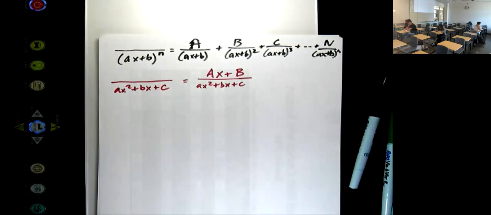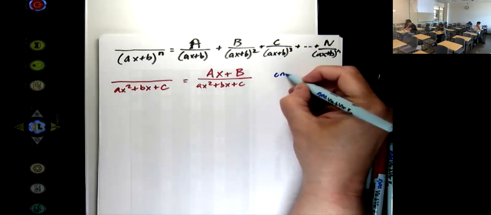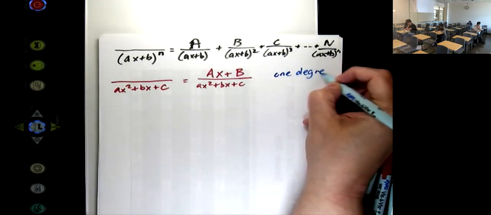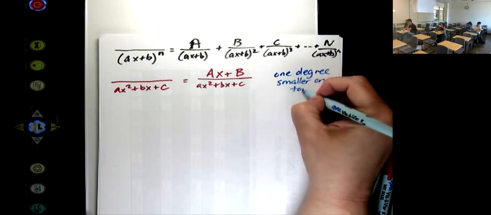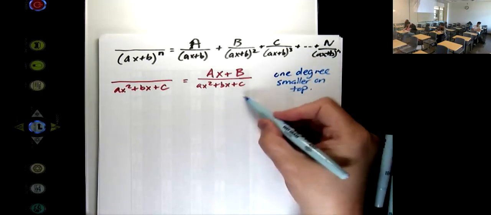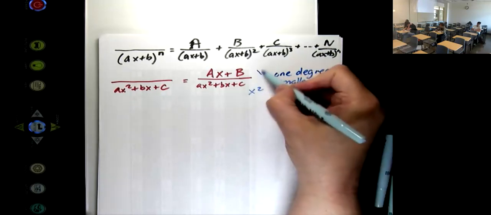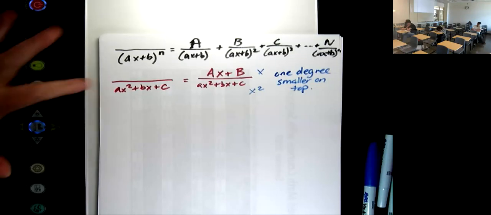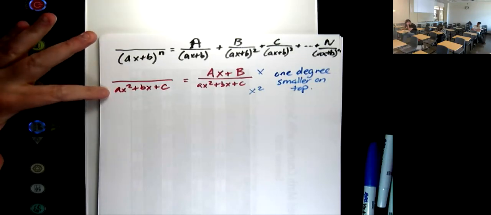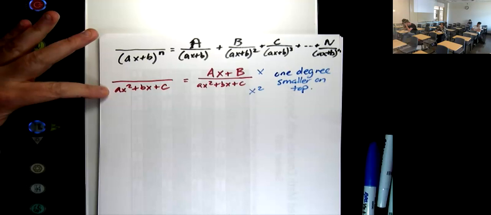So it goes 1 degree smaller on top. This had an x squared, so the biggest we have on top is an x. There's a lot going on here, right? These kinds of things show up though, like if we factor a cubic. We've done factoring cubics. There is something that has x squared plus an x plus c kind of thing.